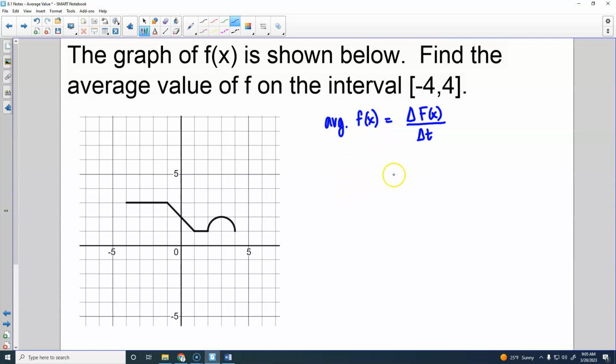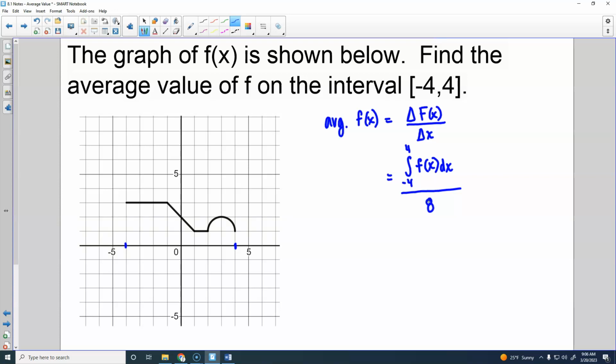So the way I can set this up is it's going to be the integral from -4 to 4 of f of x dx over our change in time, our t, or I guess it's x in this case, because this is our x right here. And then our x, we're going from -4 to +4, so that would be 8 in this case, or you could subtract your endpoints there.